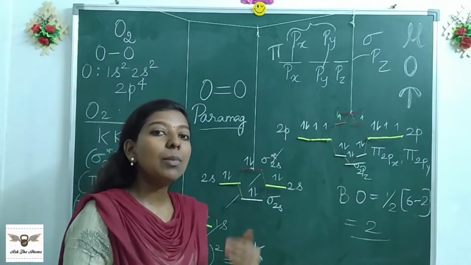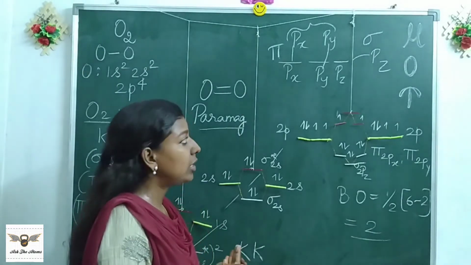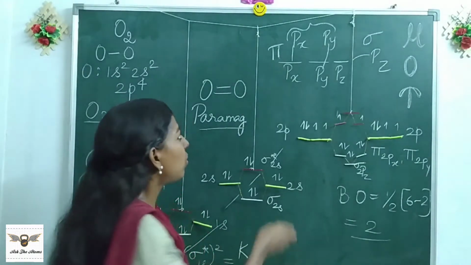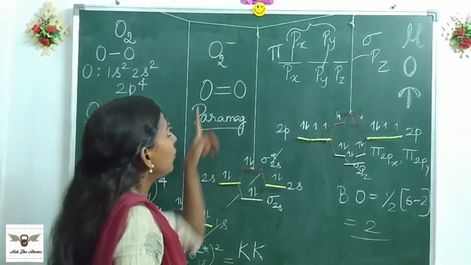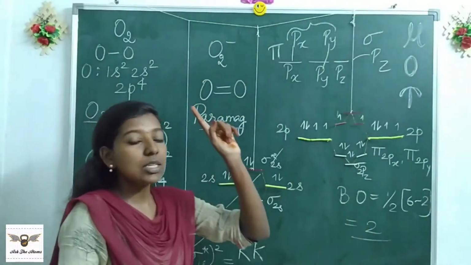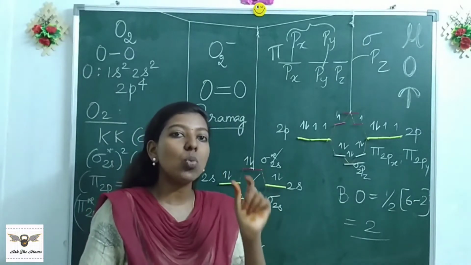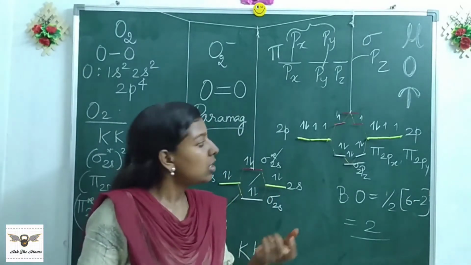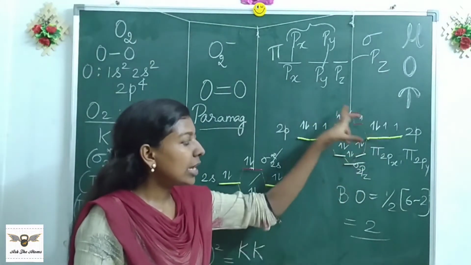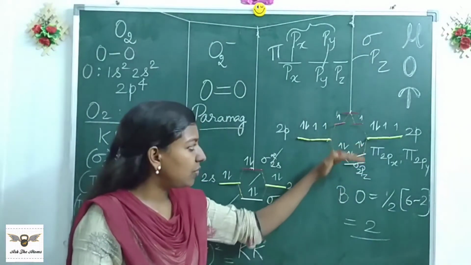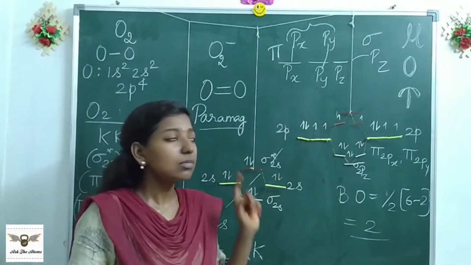Now the same question can be asked, like find the bond order for O2 minus. When you see O2 minus, the negative sign indicates 1 extra electron. You remember this particular configuration has to be remembered. That is, bonding electrons are all filled, antibonding there are 2.